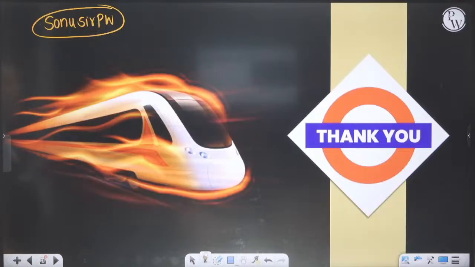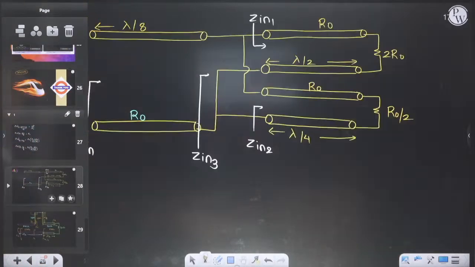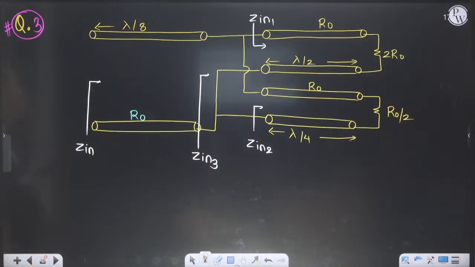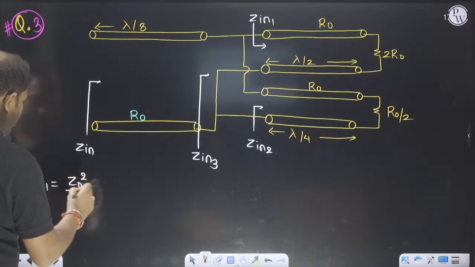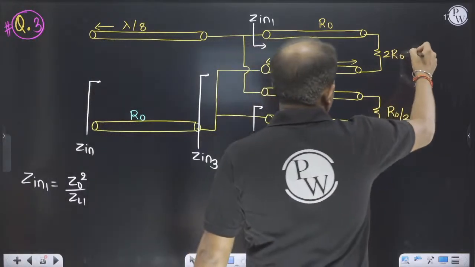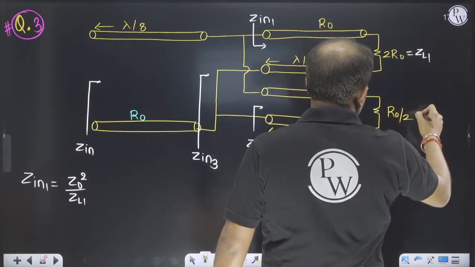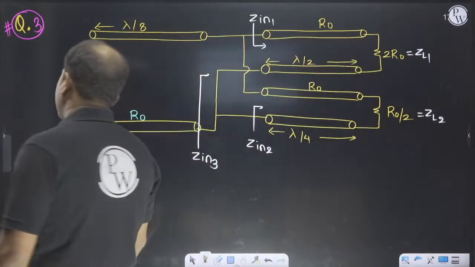So what is the first formula? Our Zin1 is equal to Z naught square upon ZL1. This is our ZL1, this is ZL2. So I have to find Zin1.